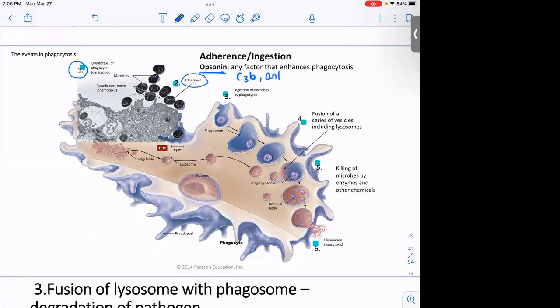It could be an antibody. And we'll see how the pseudopods will have receptors to be able to grab a hold of antibodies a whole lot easier. So if those pseudopods can stick to the pathogen, it's more likely that it's going to get ingested. So number 3 there, ingestion of the microbe. It's going to be ingested in a phagosome.